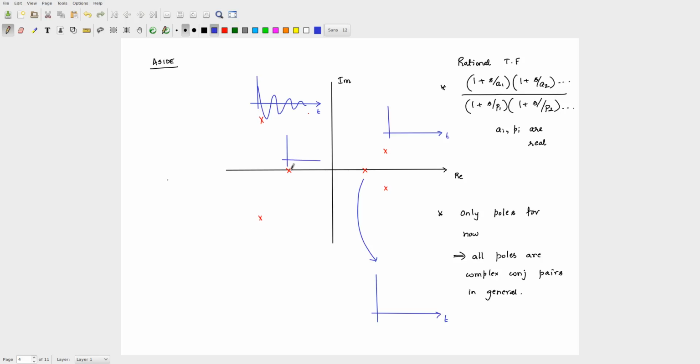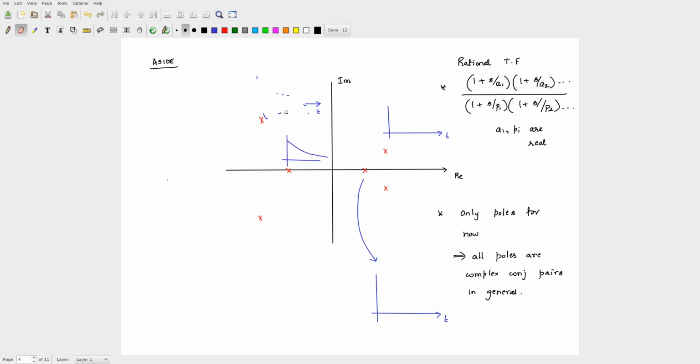Because the magnitude of its imaginary part is actually smaller than this. Sorry. Oops, sorry. The one which has a larger magnitude of real part will decay faster. So this one will decay slower. So if this decay rate was something like that, this one is going to decay slower. Okay, it doesn't really look very slow.